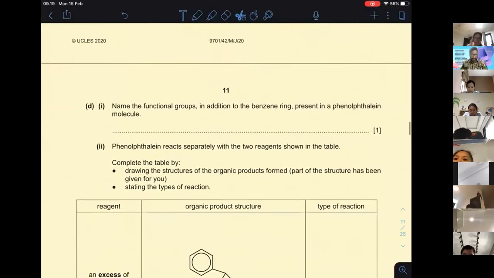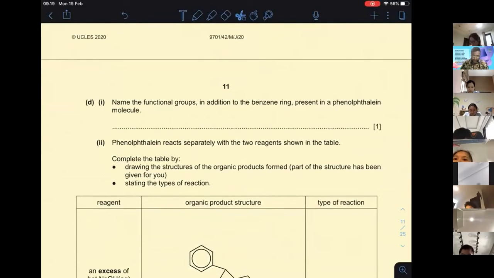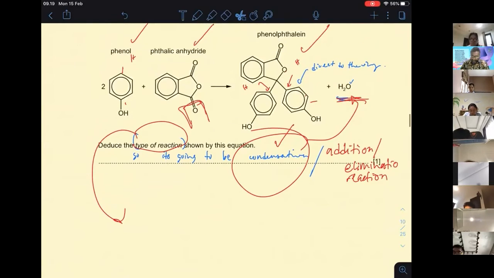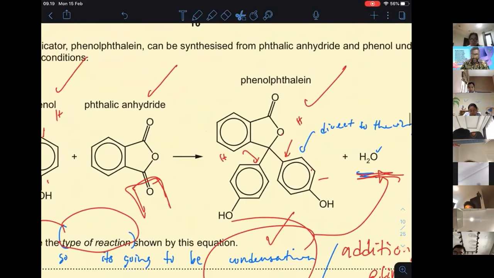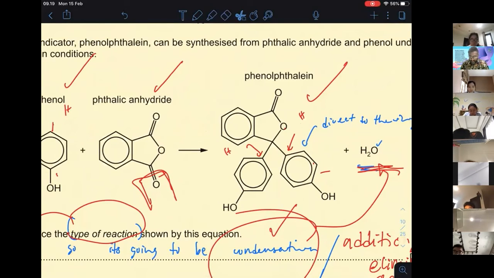Here, they are asking us to name the functional groups in addition to the benzene ring present in the phenolphthalein molecule. So this is going to be the phenolphthalein molecule. In addition to benzene, we need to name certain functional groups. When we see the groups over here, I do see this one, which is going to be ester.